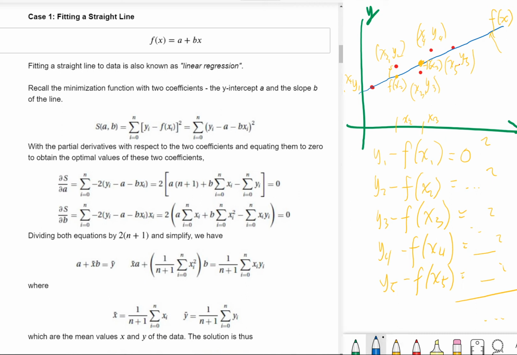if we construct another line here, let's say the line is like this, you will see a huge difference. Okay, so let's say this is g of x, and we know that if we replace this one with g of x, the function of g, you will see a huge difference, for example here versus this point here.